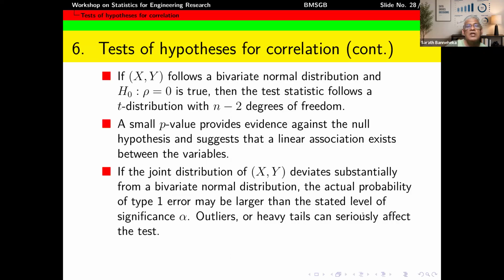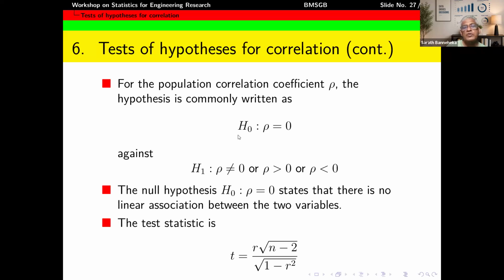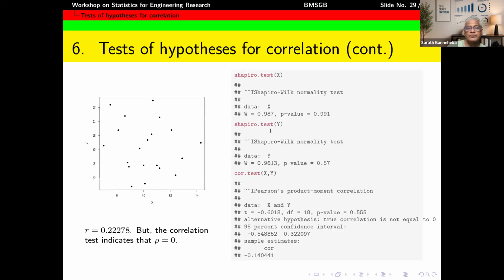Which H naught? This H naught in this case. That means we accept this H naught, and therefore we conclude that in the population, the Pearson correlation coefficient is 0, and therefore in the population there is no linear relationship between X and Y. So that is the conclusion.